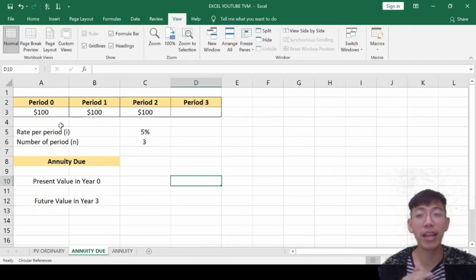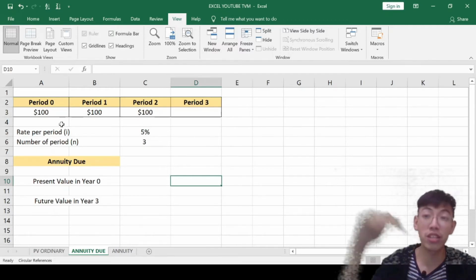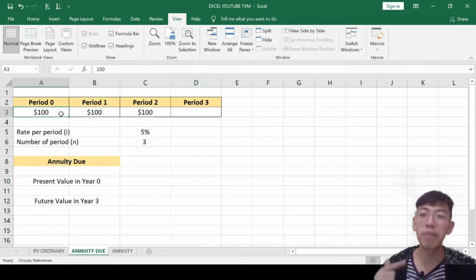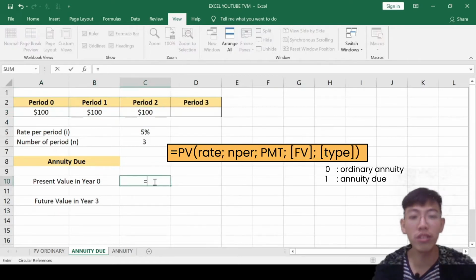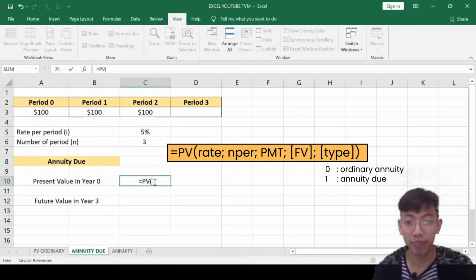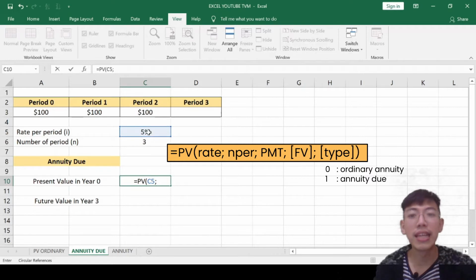Now let's talk about annuity due. As we know, annuity due starts from now or from today. So it starts from period 0 and then period 1 and then period 2. So let's calculate the present value: equals present value, open bracket, the rate 5%. The NPER is the period, it is 3. PMT, don't forget to put a negative sign.